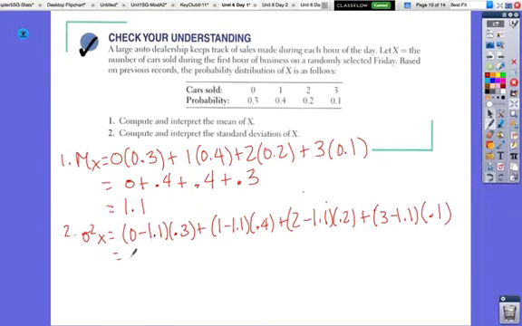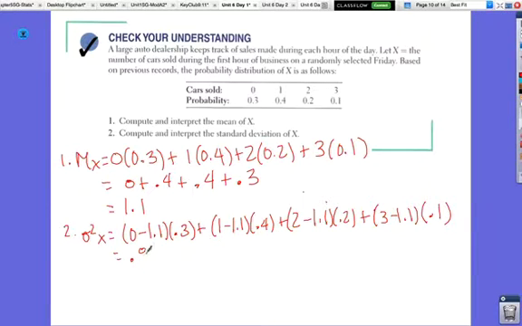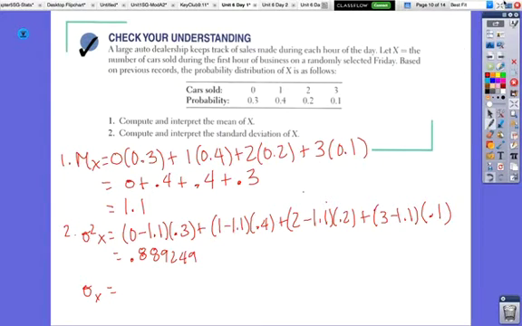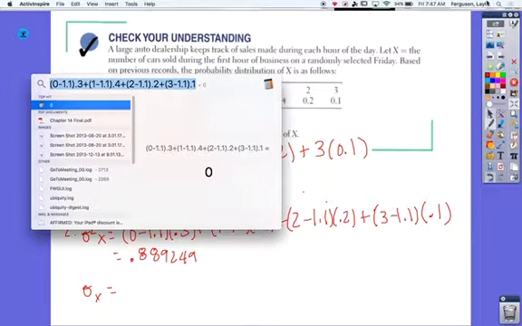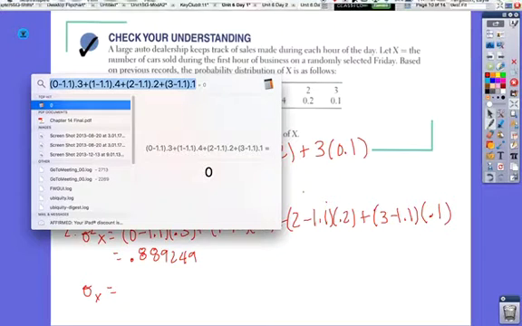Whenever you do that, you would get 0.889249. And then to find the standard deviation of that, you would take the square root of that.